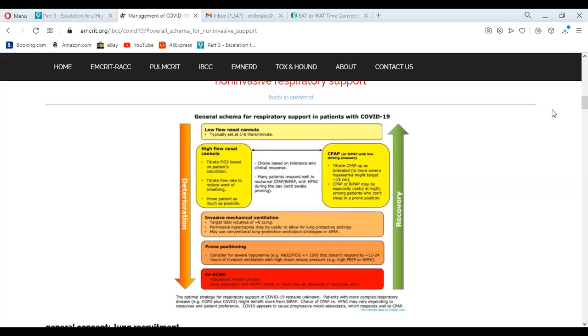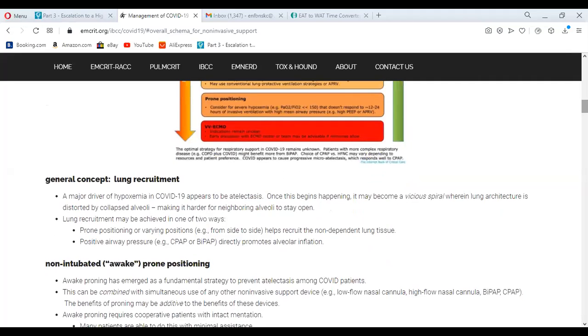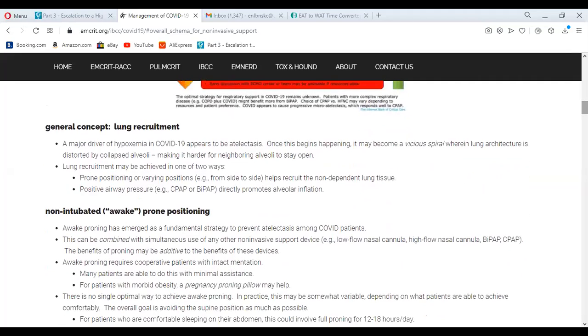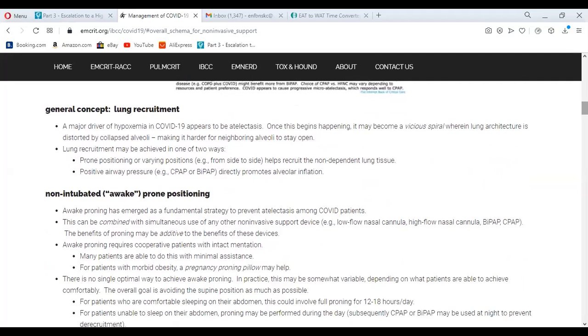You have moved to mechanical ventilation. You have used prone positioning. If all of this fail to provide adequate oxygenation, then you move to ECMO. Let's move down. So at least this has given us an idea of how we are supposed to move in terms of escalating oxygen therapy.